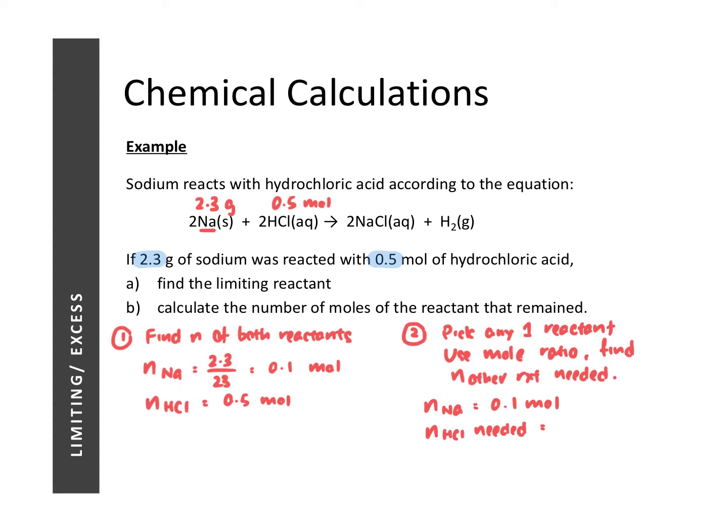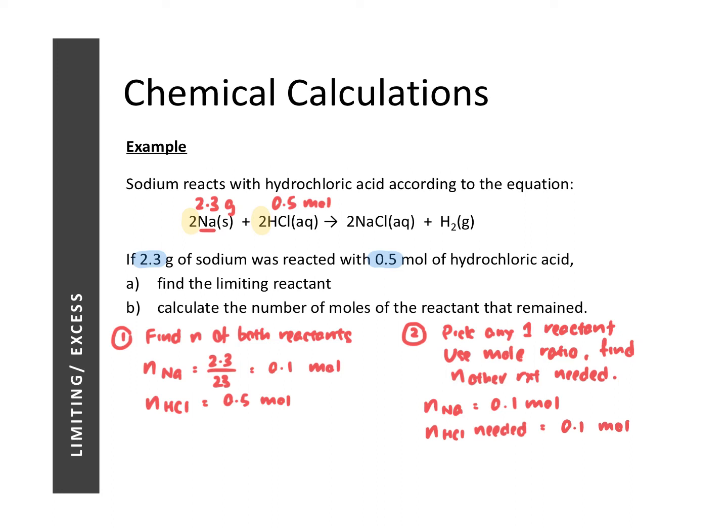From the chemical equation, we can see that the ratio between sodium and hydrochloric acid, or the ratio between the two reactants, is 2:2 or 1:1. That means that if I have 0.1 mole of sodium, I will need 0.1 mole of hydrochloric acid to completely react with the sodium present.